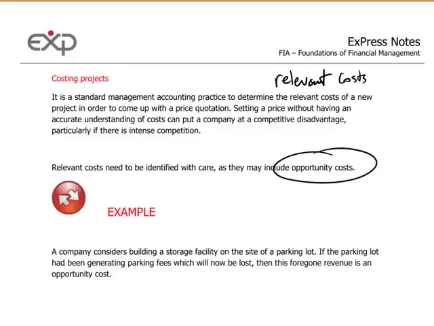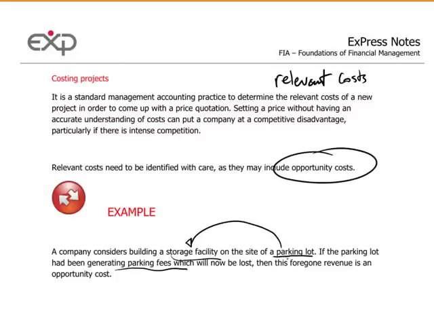For example, if a company gives up a parking lot in order to convert the space into a storage facility, and they were generating fees on the parking lot, they would have to take those fees into account in order to determine whether or not the storage facility is of benefit to the company.